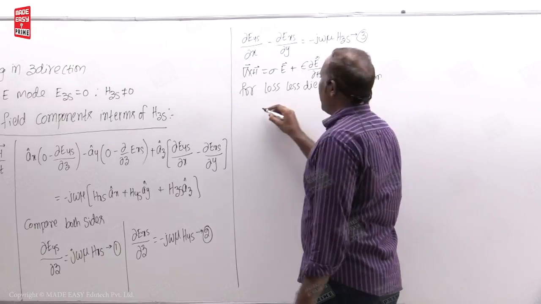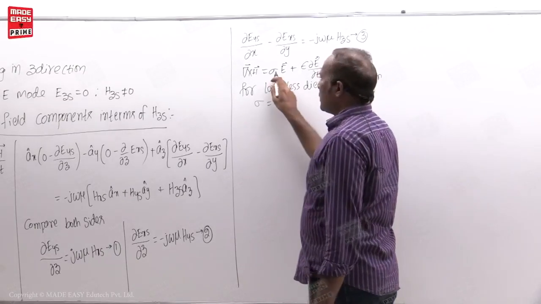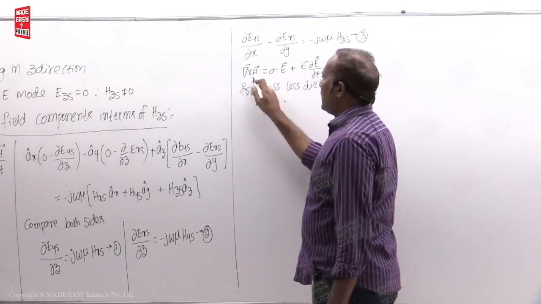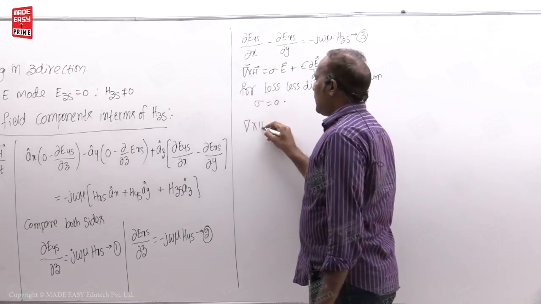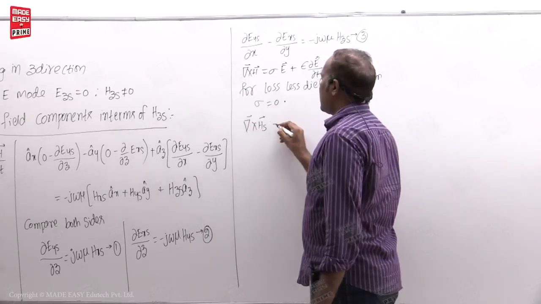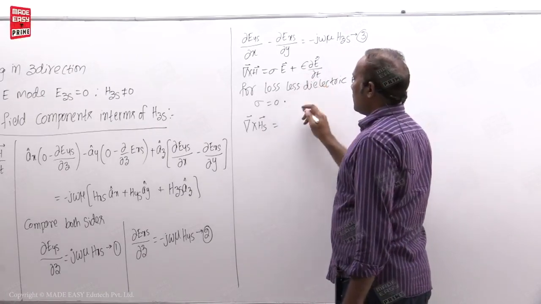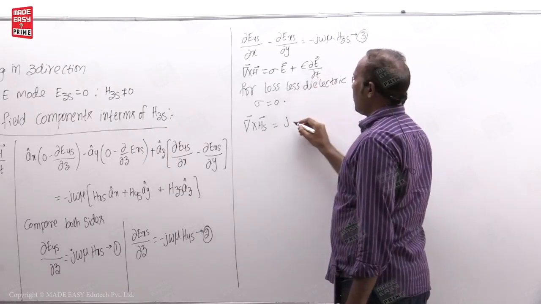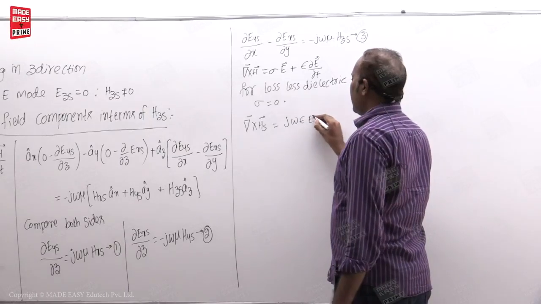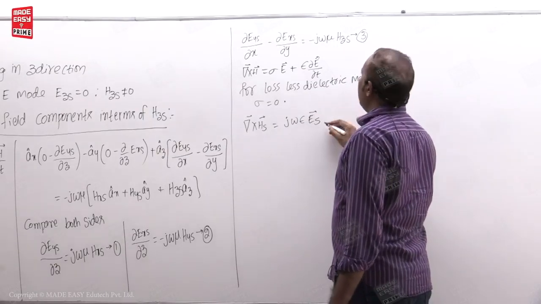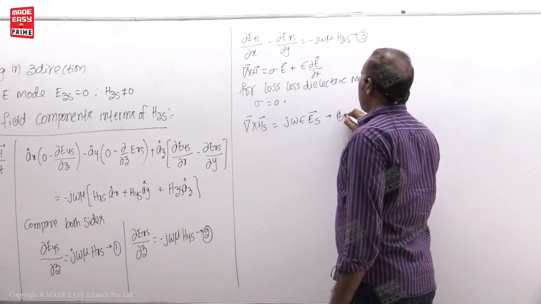For a lossless dielectric medium, σ is 0, so this is 0. So in phasor domain this equation becomes del cross Hs is equal to jωε Es bar, since ∂/∂t is jω. Now this is equation number 4.